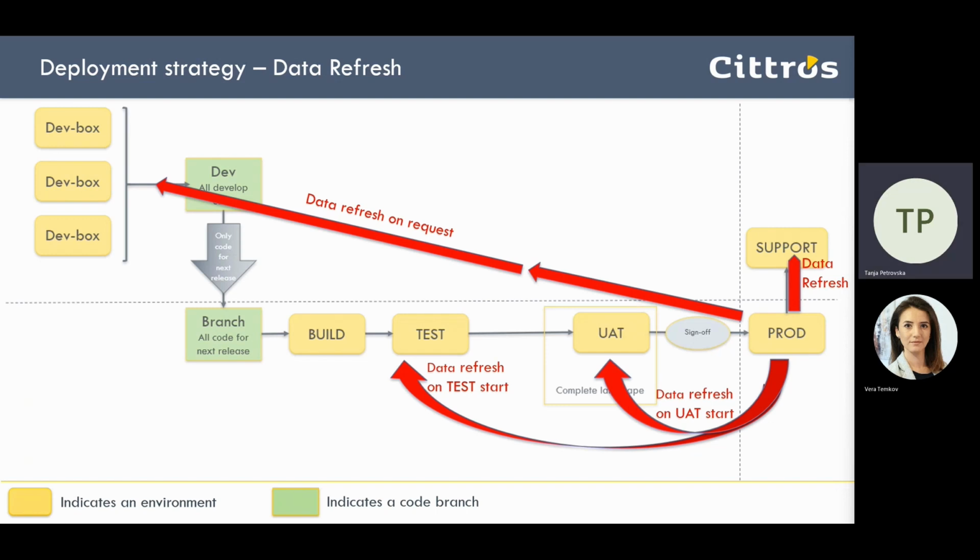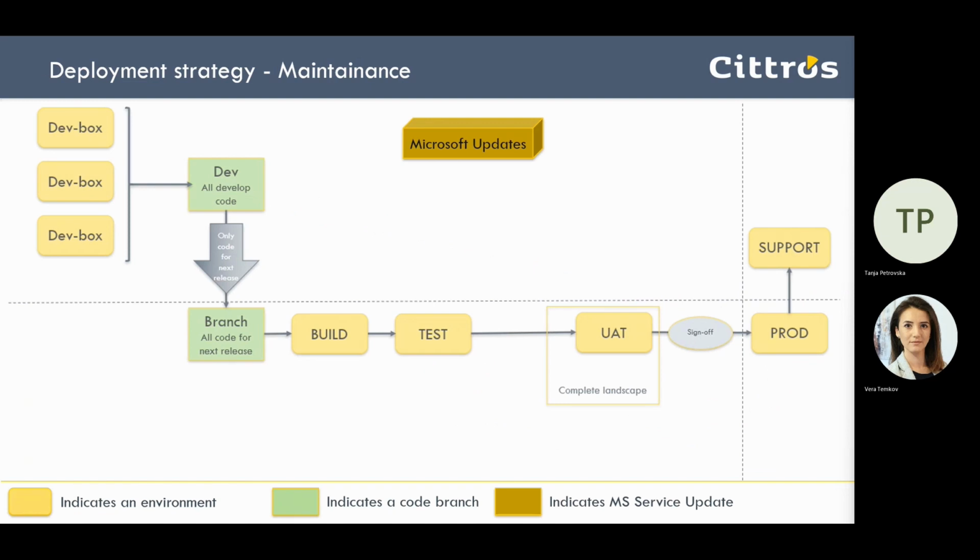So in order to have reliable results from testing, let's not forget the importance of Microsoft updates. Microsoft updates must be applied on every environment present in the project infrastructure.